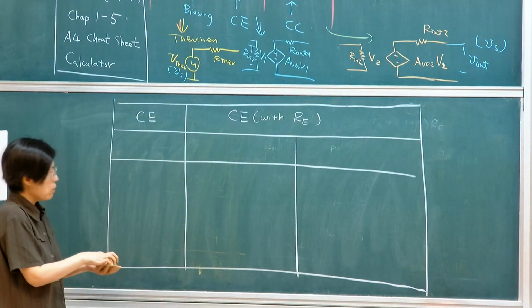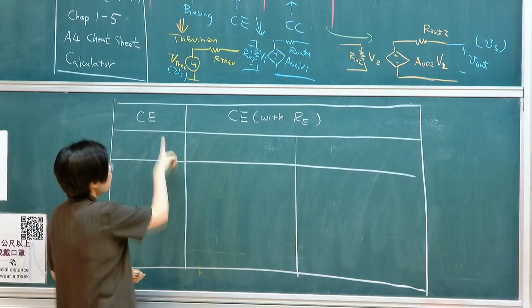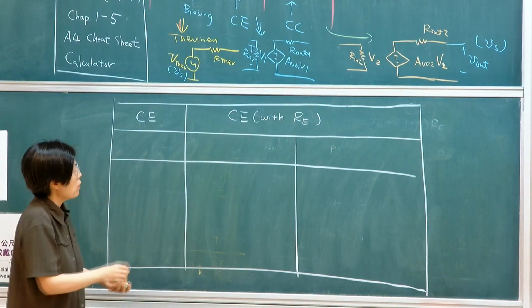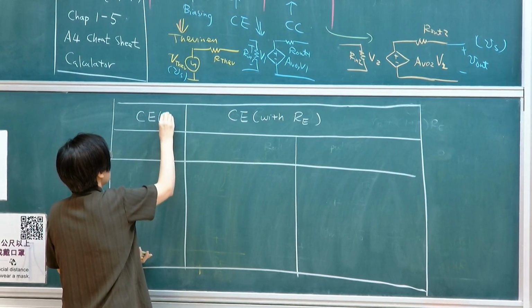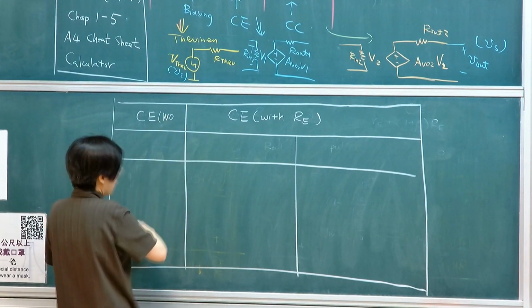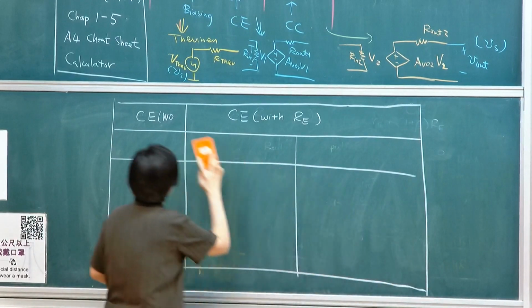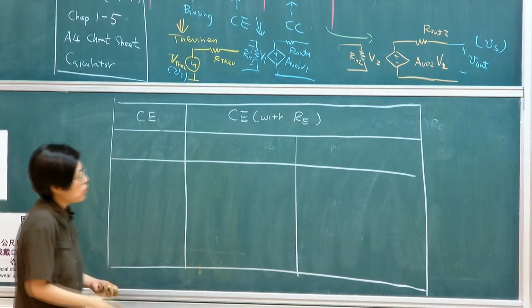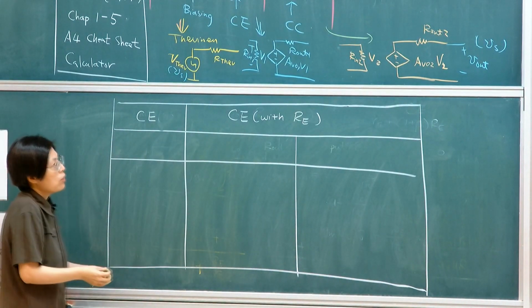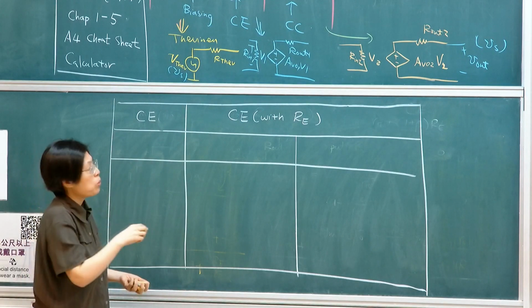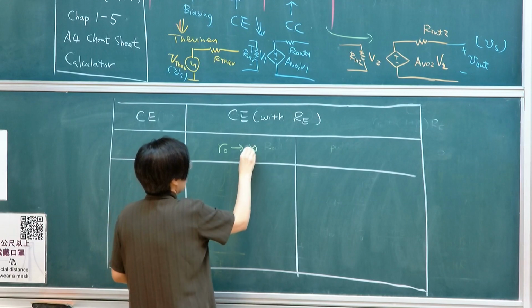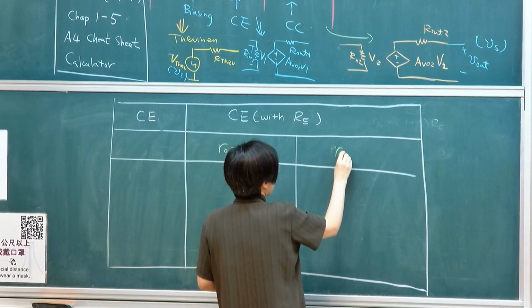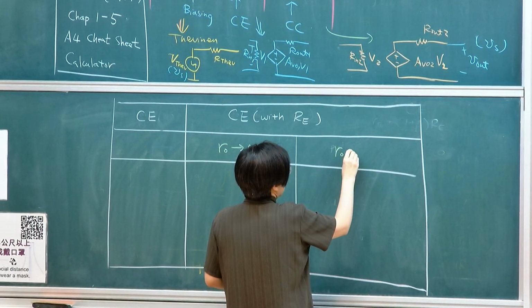So I have two scenarios. One is common emitter without RE, just the regular common emitter. On the right-hand side, there are two conditions: one where you consider R out infinite, and one where I consider R out finite.